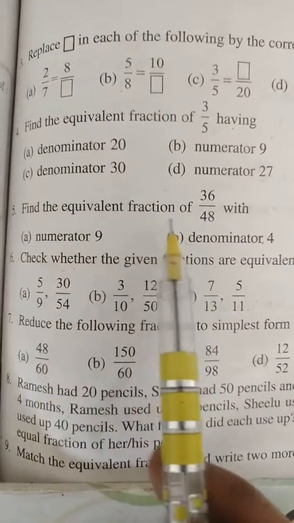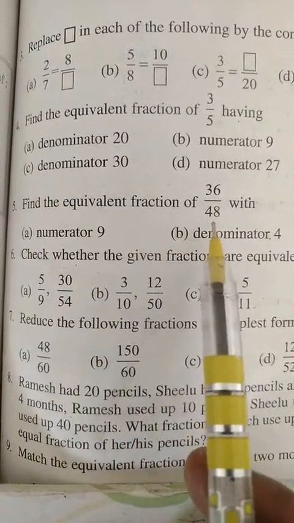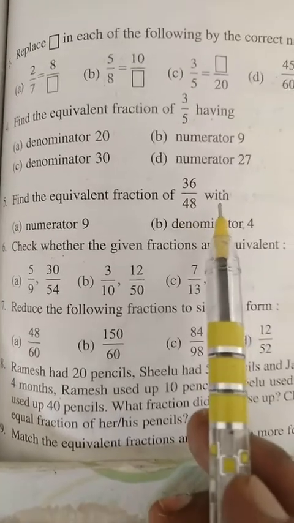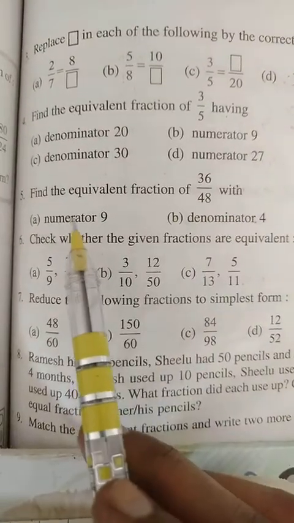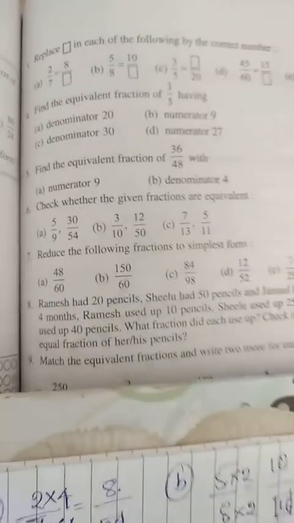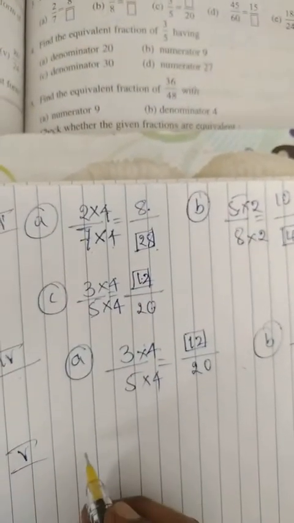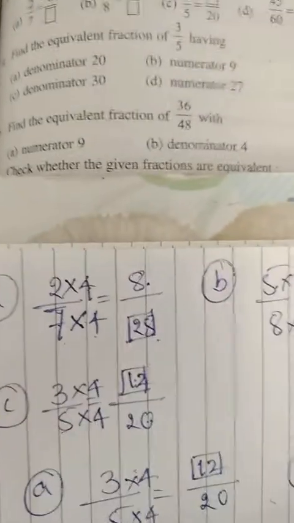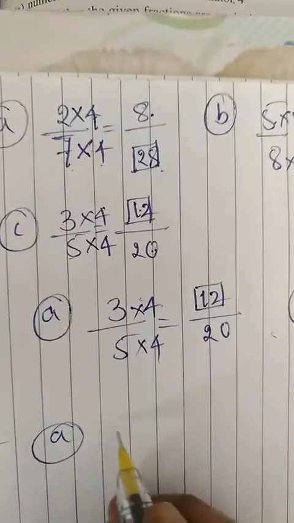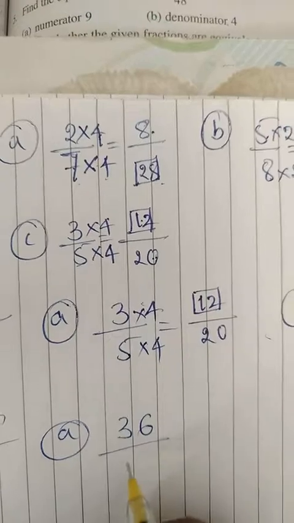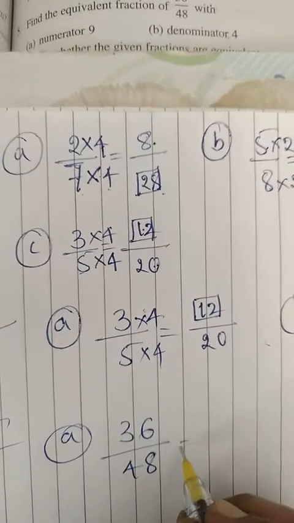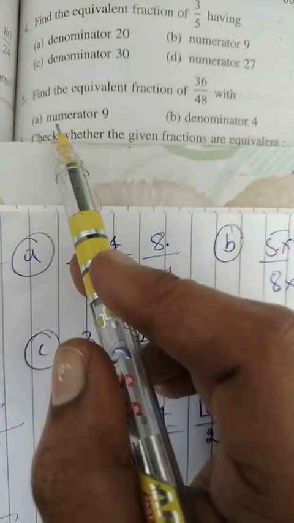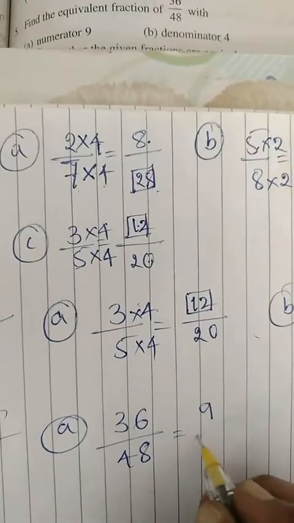See here. Find the equivalent fraction of 36 divided by 48 with numerator 9. See here. A question, 36 divided by 48 equal to, numerator they given 4.